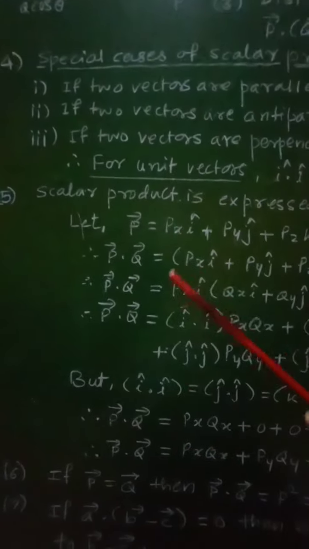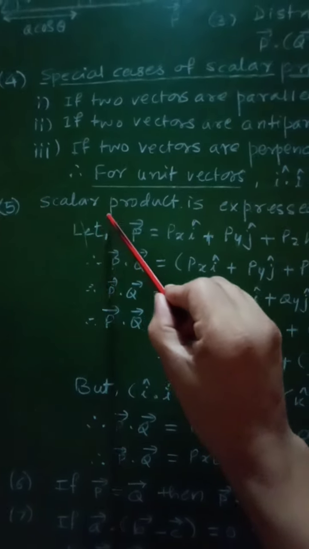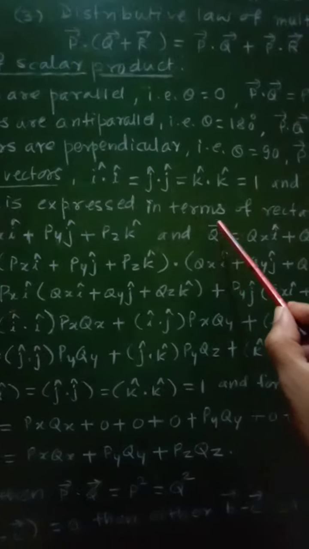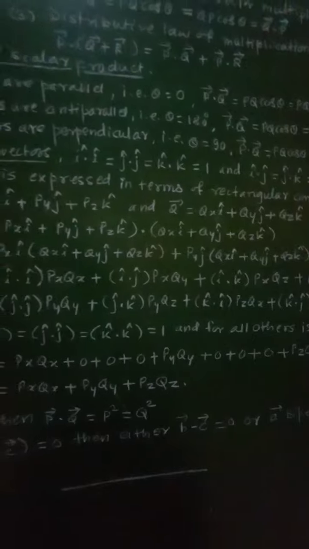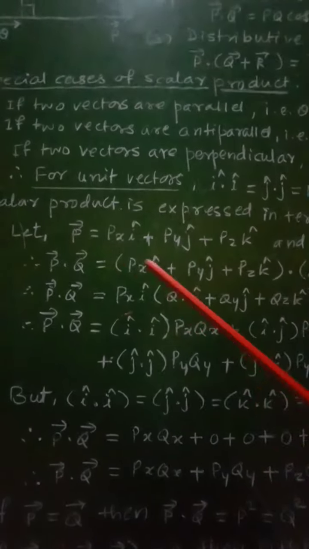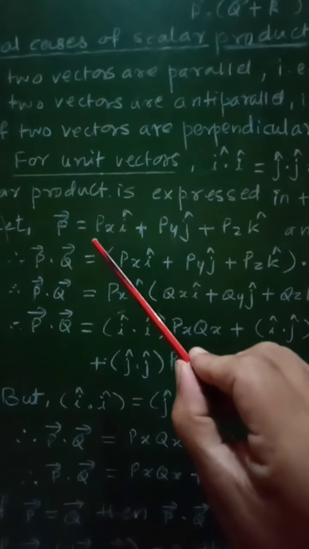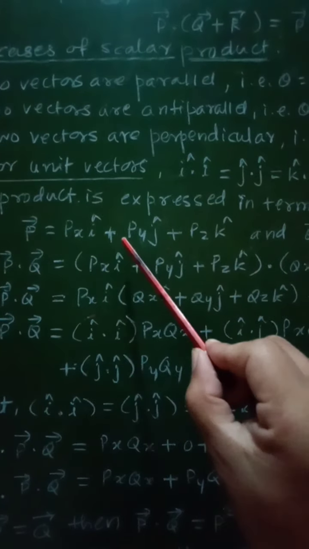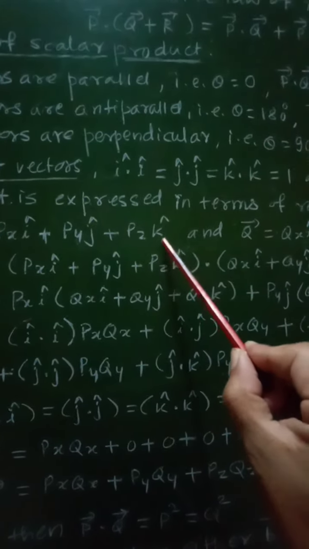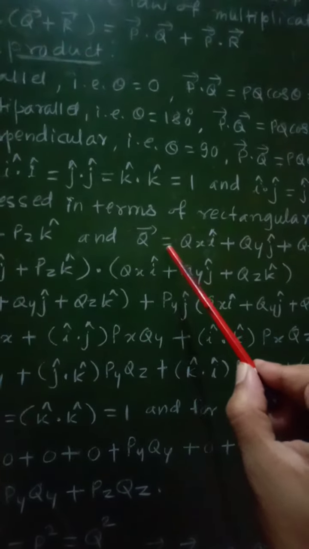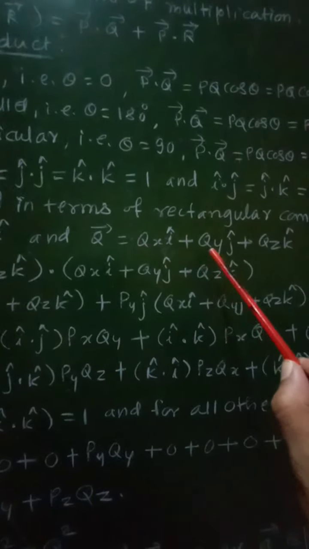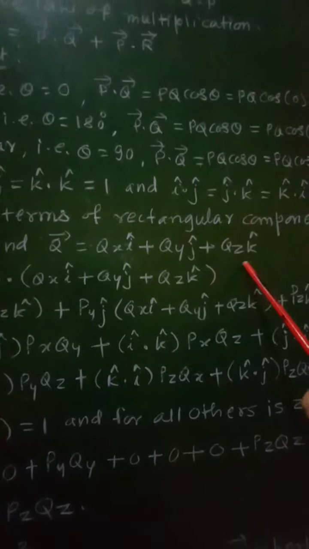Now let us consider the next important characteristic, that is scalar product is expressed in terms of the rectangular components. So for that, let us consider two vectors, vector p and vector q, in terms of rectangular components, and therefore vector p will be given as px i cap plus py j cap plus pz k cap, and vector q will be given as qx i cap plus qy j cap plus qz k cap.